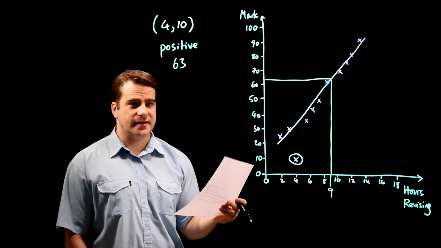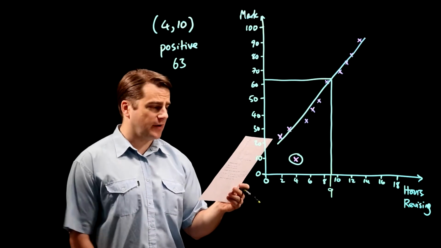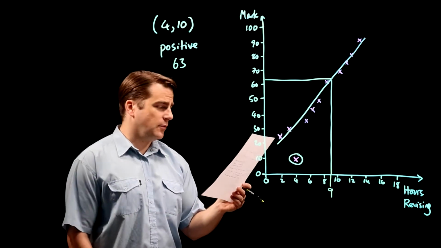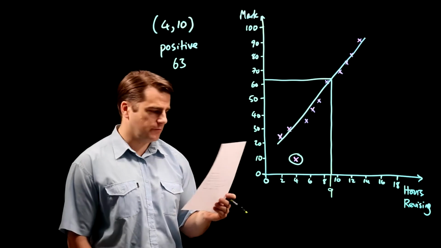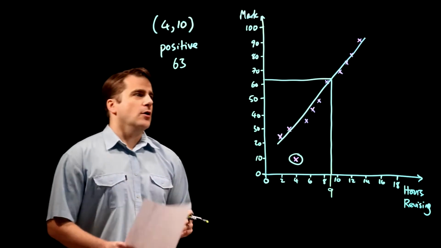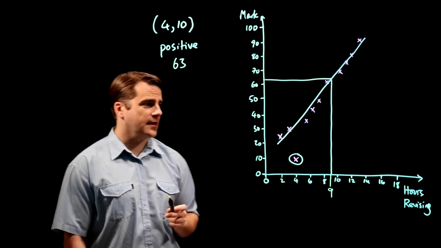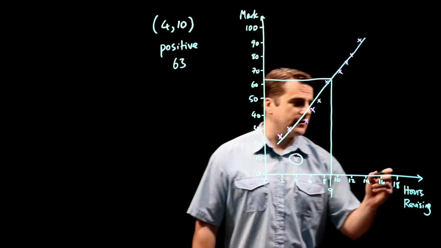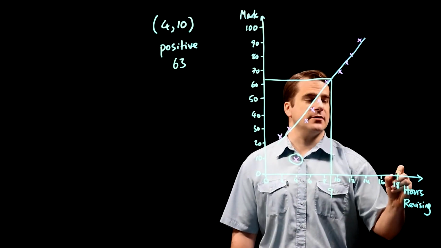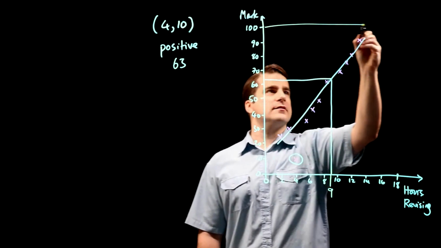Okay, Lucia says, I can see from the graph that had I revised for 18 hours, I would have got full marks. Comment on what Lucia says. No, Lucia, you shouldn't say things like that. Lucia is claiming that had she revised for 18 hours, she would have got full marks.